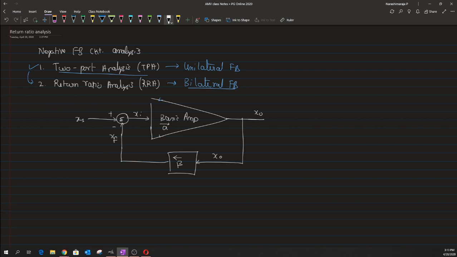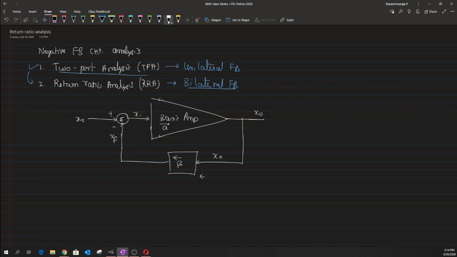So even here the feedback network is considered to be unilateral, meaning that the signal always moves from X naught to Xf, and there is no signal transition from Xf to X naught. That is how we assumed during the two port analysis.